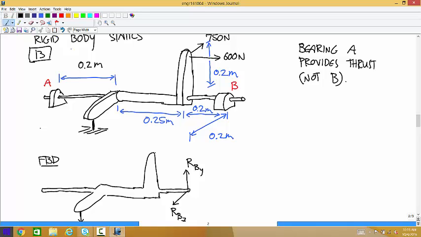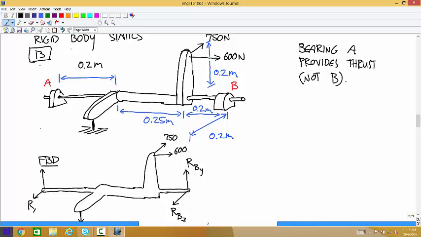And then we have these two forces here. 750 newtons there, 600 newtons there. And now we get over to the bearing at A. That prevents translation in this plane.